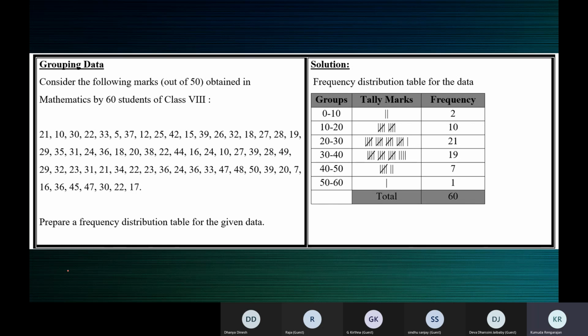Will 50 be included in 40 to 50? No, ma'am. 50 to 60. Why not in 40 to 50? Ma'am, because upper limit is always the part of the next lower limit, ma'am. Correct.